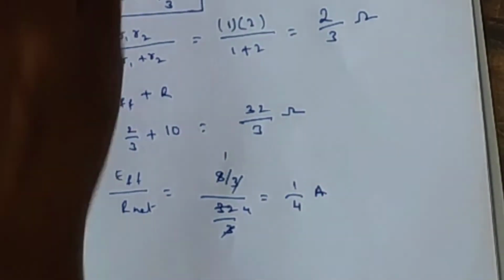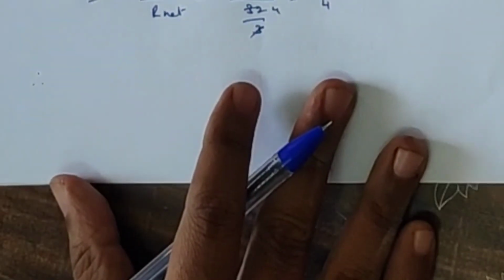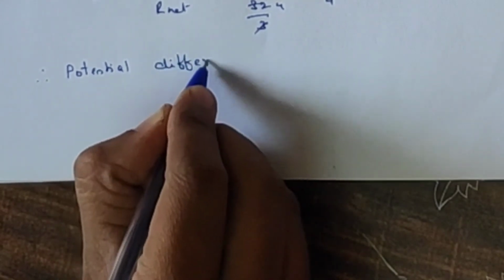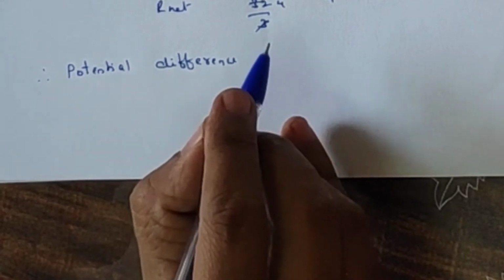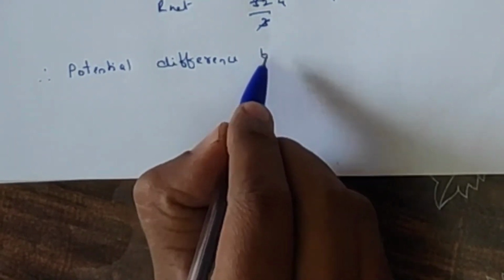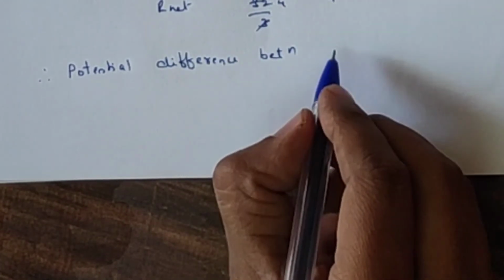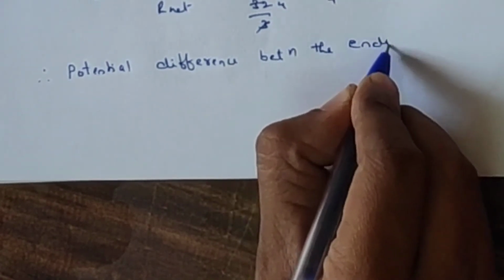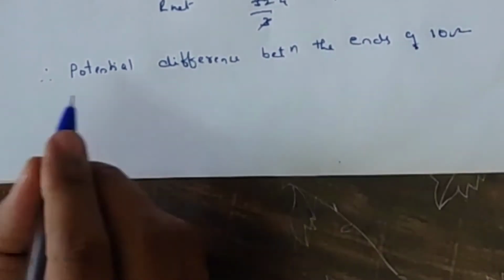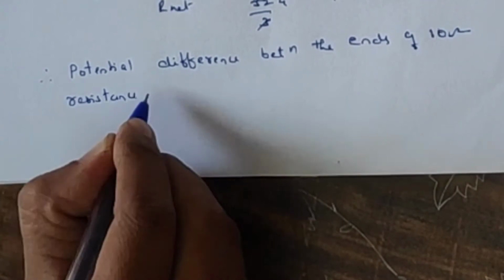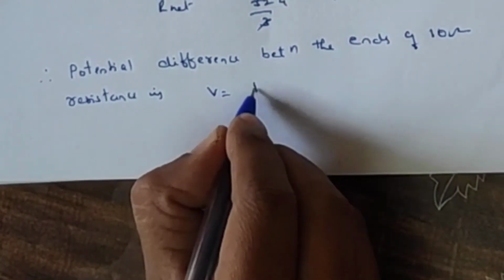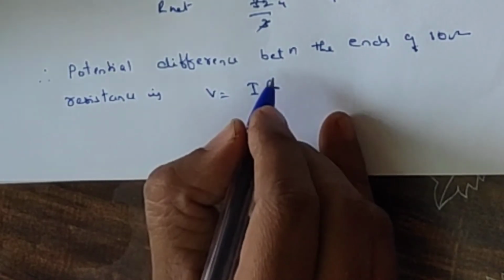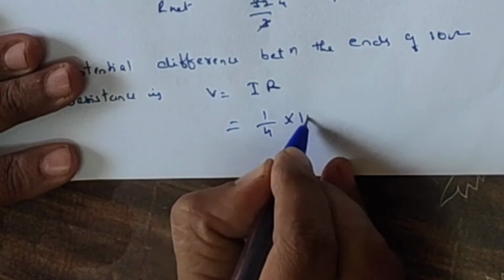Therefore, potential difference between ends of 10 ohm resistance is V equal to I into R. So I value is 1 by 4 into 10.